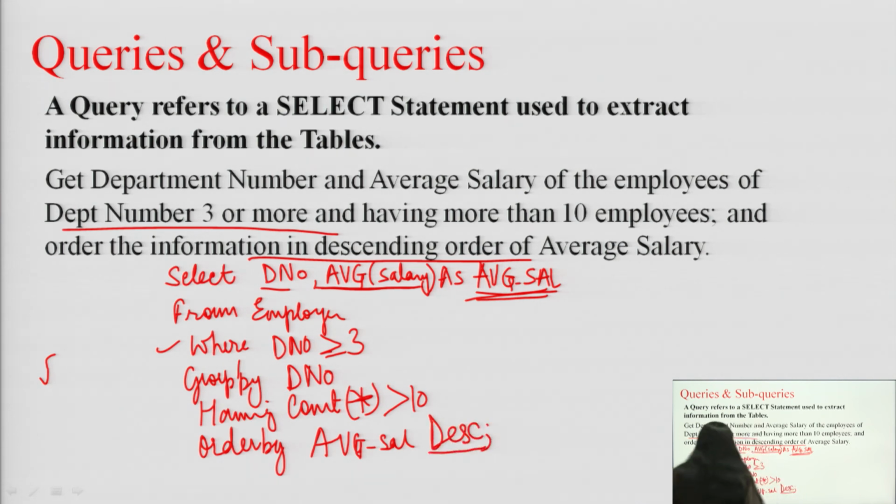DESC should also be in capitals. So this is how we implement a query where we have multiple specifications, where we need to find a particular set of attributes, apply conditions, and want ascending or descending order also. This is how we implement a simple query.